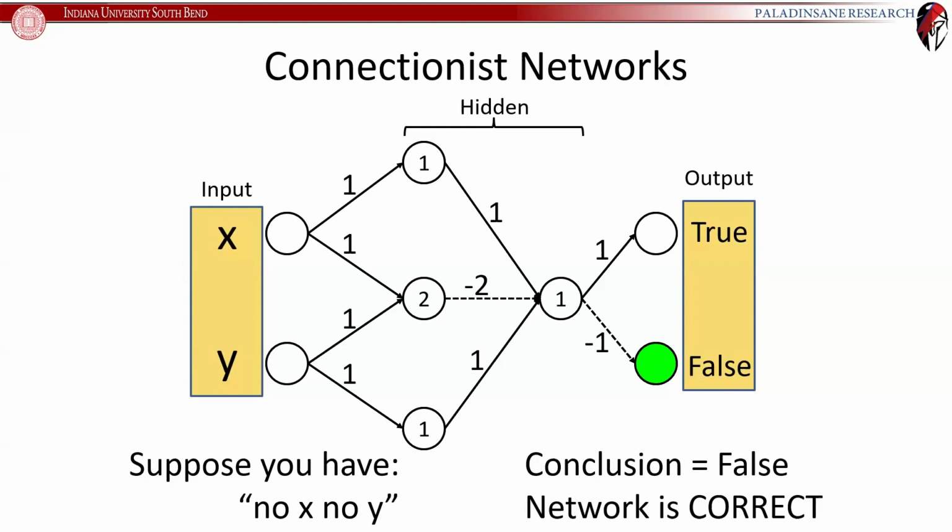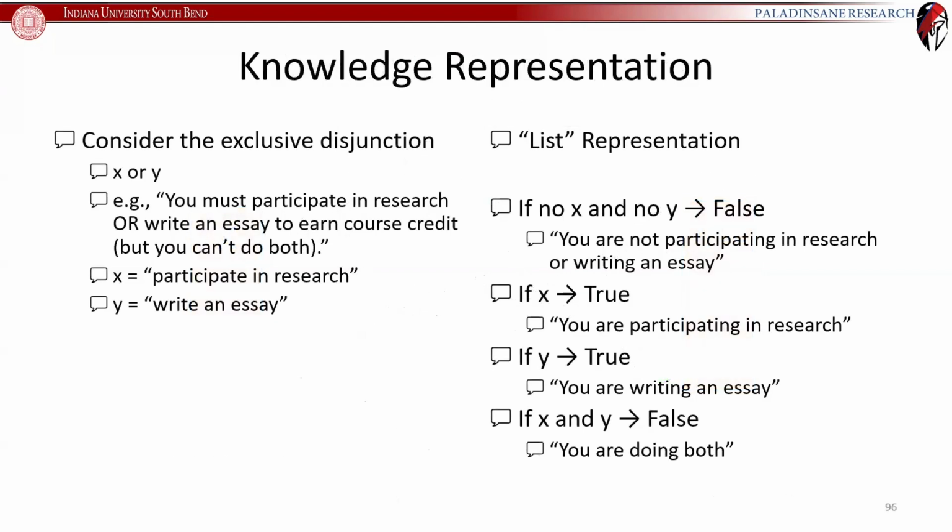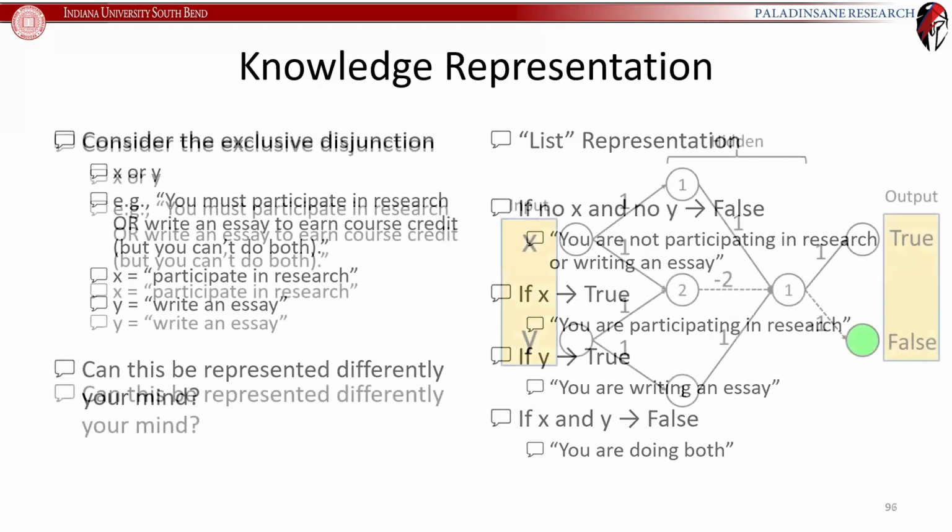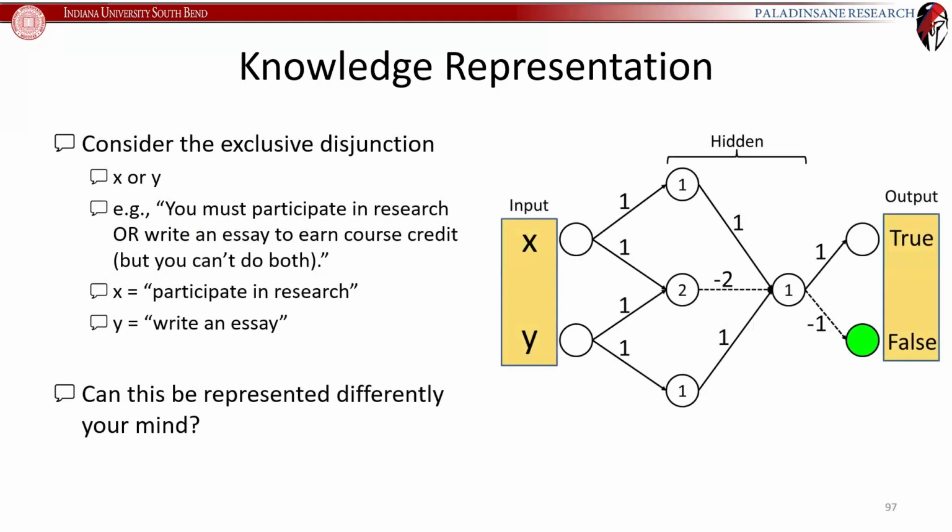So this is a very simple connectionist network that basically has all the ideas that are in a Tesla to help it self-drive, that are in ChatGPT to help it write essays. And you can see how this list of representations can be differently represented in your mind with a connectionist network as simple as this.